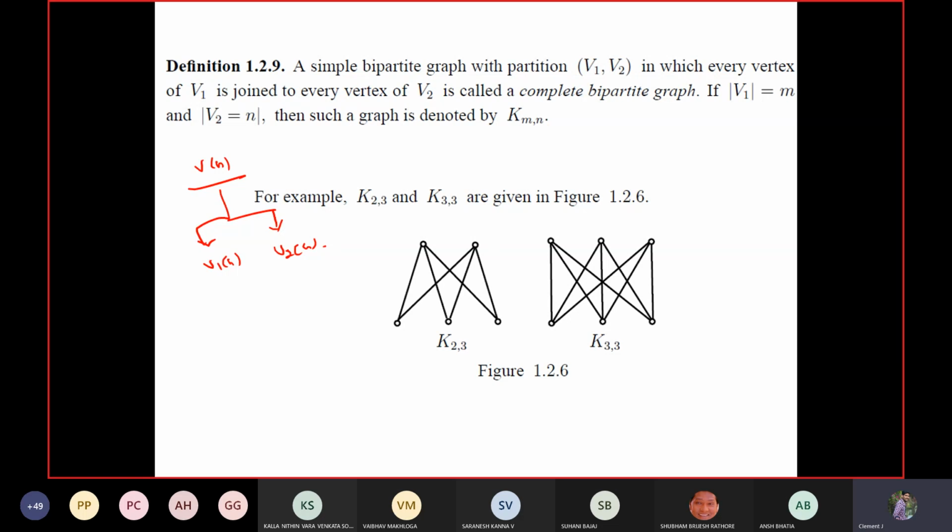In complete bipartite, there is one more additional condition. That condition says that each vertex of V1 should have an edge with all the vertices of V2. Can you understand what I'm saying? You can look at the example and then compare the definitions of bipartite and complete bipartite.